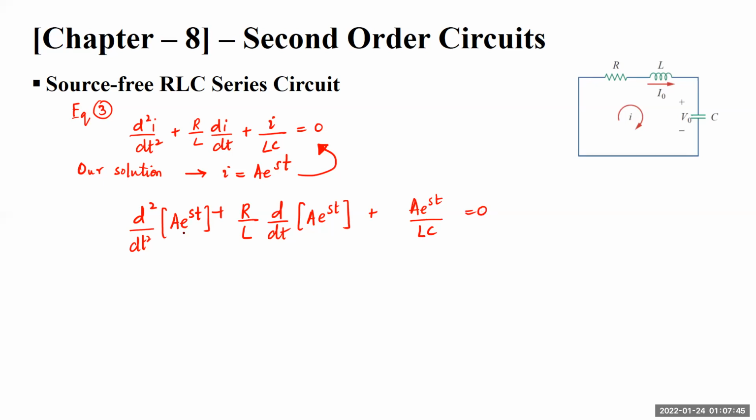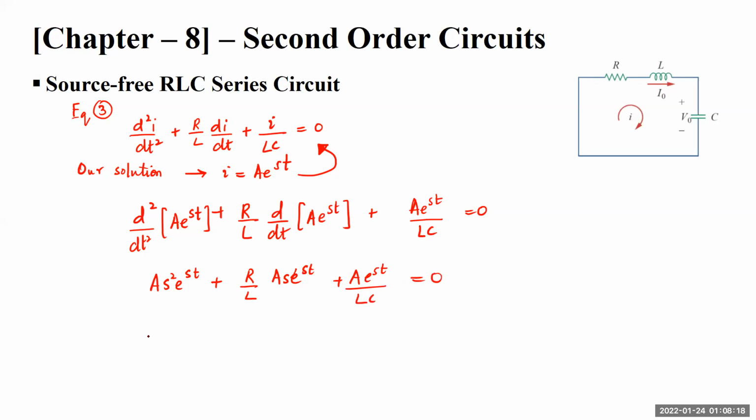So now we differentiate and take a few common factors and see how this overall equation simplifies. If we double differentiate A e power st, it becomes A s square e power st, then R by L A s e power st, plus A e power st divided by LC equals 0.